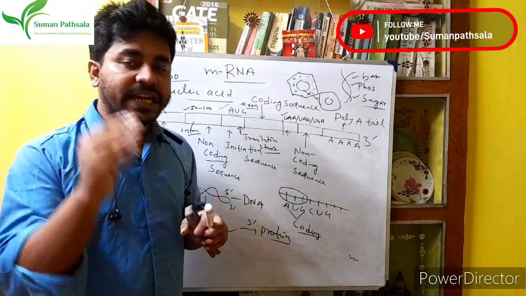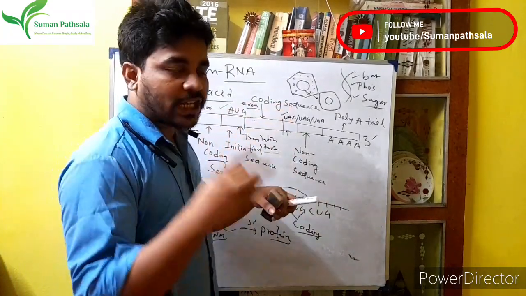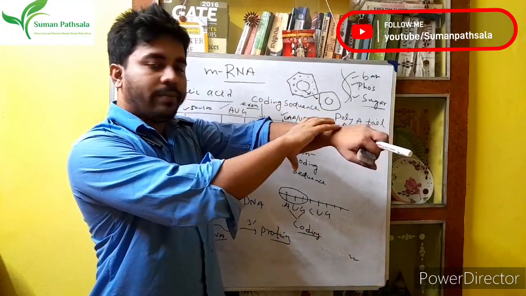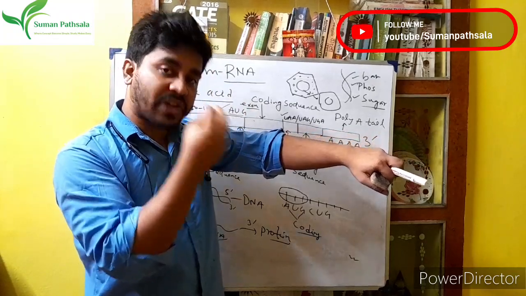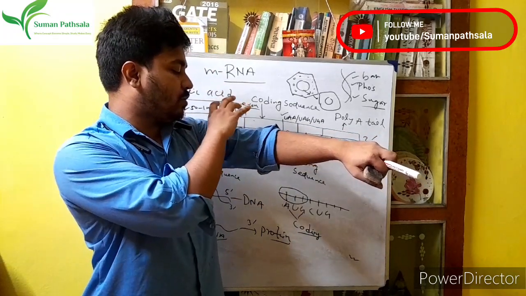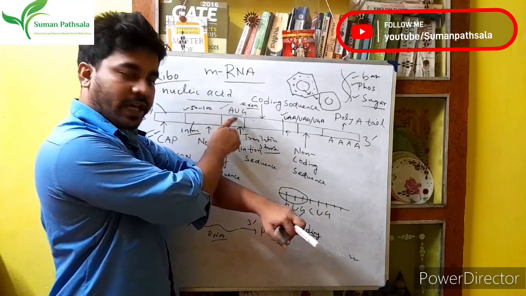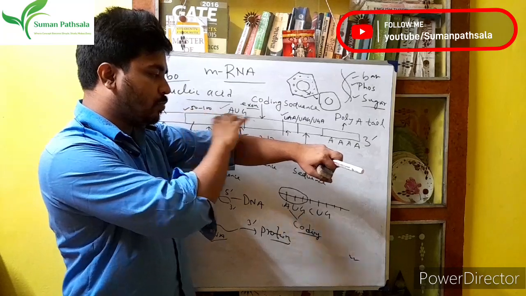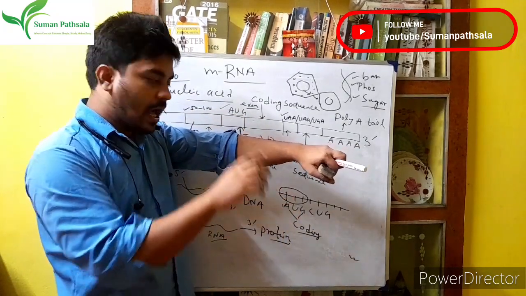To remove the ribosome, what happens is this: suppose this is an mRNA, and a ribosome is present within it. When protein is made, the ribosome joins at the AUG region. As the ribosome moves along, protein is formed.